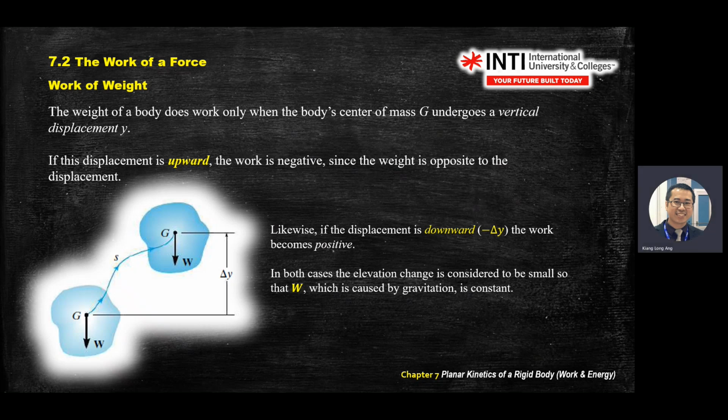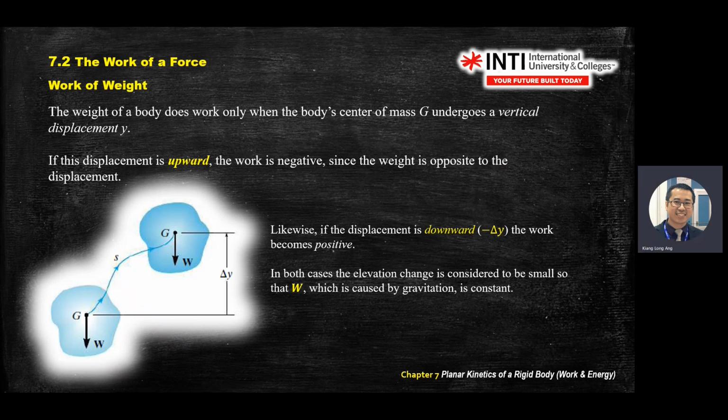For work, you focus on the force and the distance traveled. So here, the weight of the body does work only when the body's center of mass undergoes a vertical displacement y. If the displacement is upward, work is negative, since the weight opposes the displacement. If it goes down, then you get positive work, because the force and distance are in the same direction.